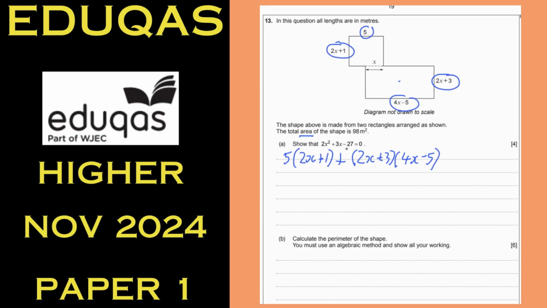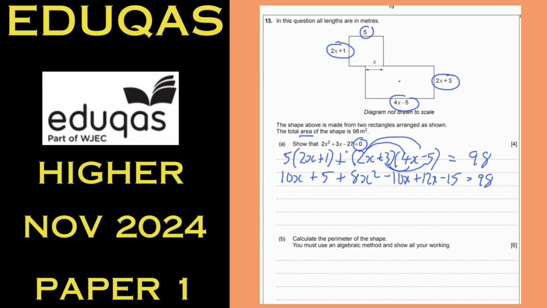Those two, when expanded and simplified, we would get 98. So let's do that, because that's exactly what we're being asked to show. 5 times 2x and 5 times 1. Loops or grid if you want, entirely your choice, but we get 8x squared minus 10x plus 12x minus 15, and we are attempting to rearrange so that we end up with 0 on the right hand side.